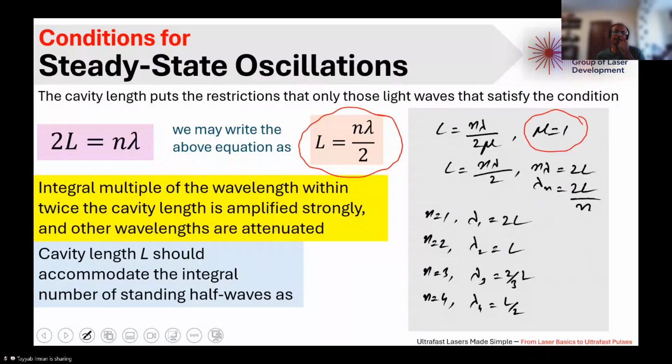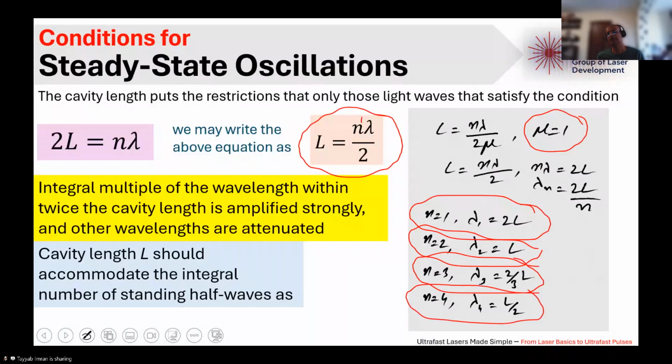And if we substitute different values of N here, we have lambda 1 equals 2L. This is the second: lambda 2 is equal to L. Lambda 3 is equal to 2L by 3. And lambda 4 is equal to L by 2.